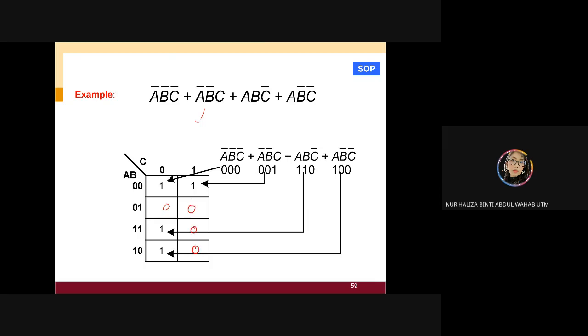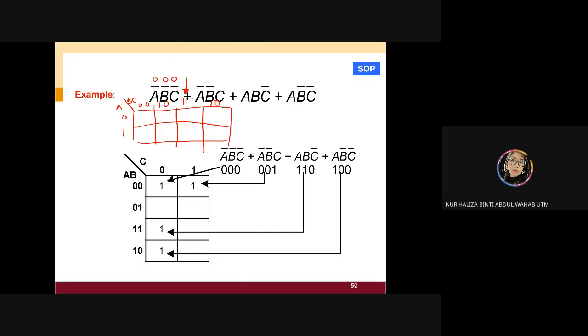Instead of drawing like this, I can draw another version. A, B, C, with 0, 1 across. Okay, I have over here 0, 0, 0.